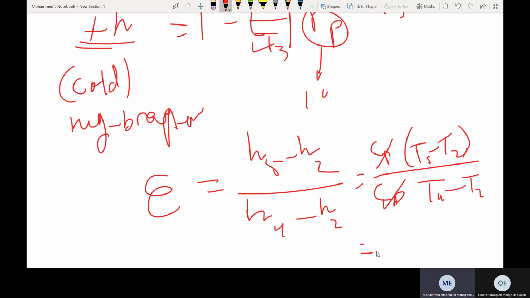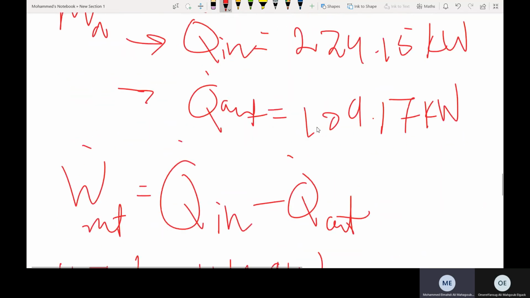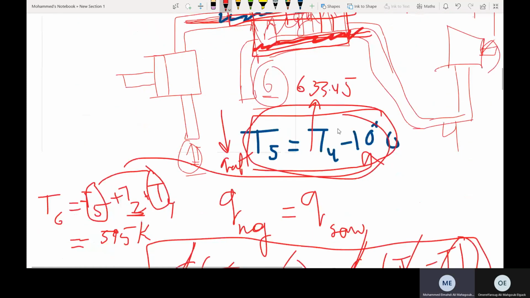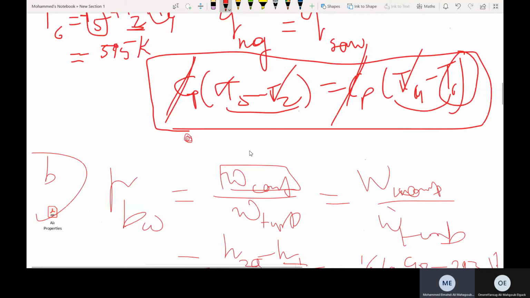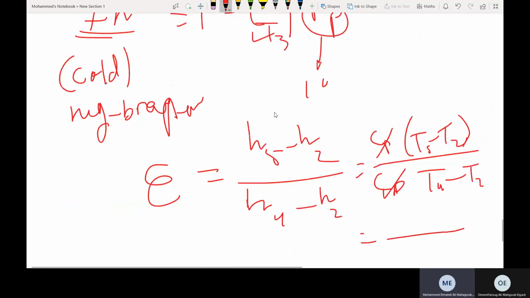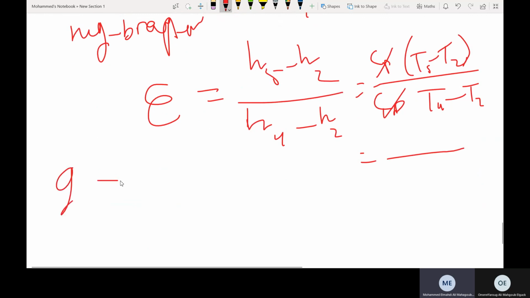Let's calculate the regenerator efficiency for this cycle. Sometimes you might not be given this information, which helped us calculate T5 and T6. You might be given the regenerator efficiency, and then it will help you calculate T5. From T5, you calculate T6 using the principle for the regenerator.